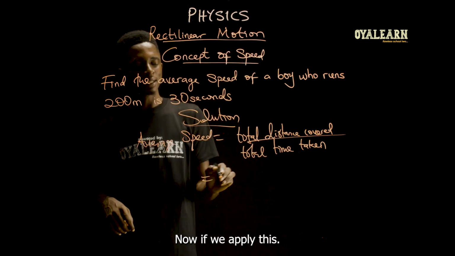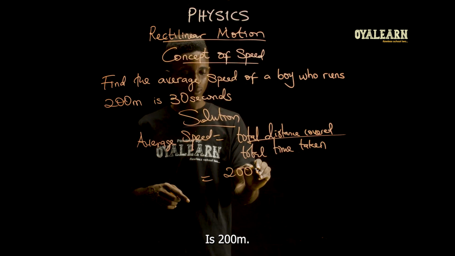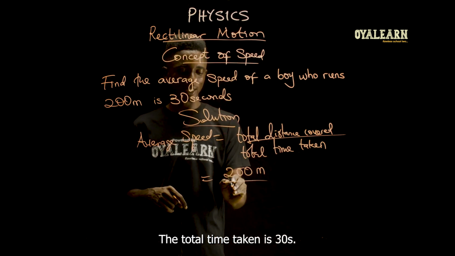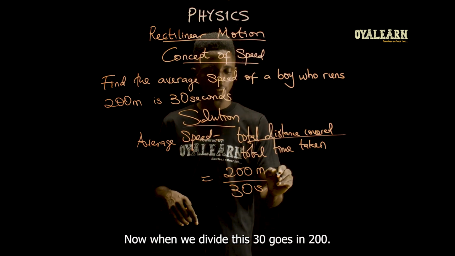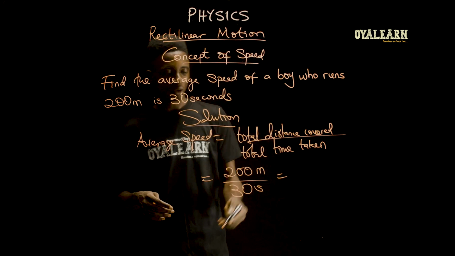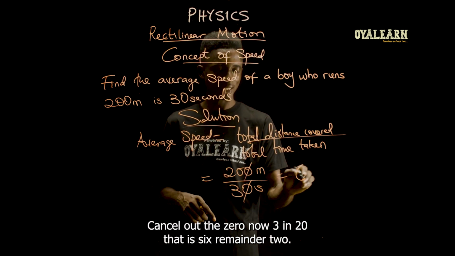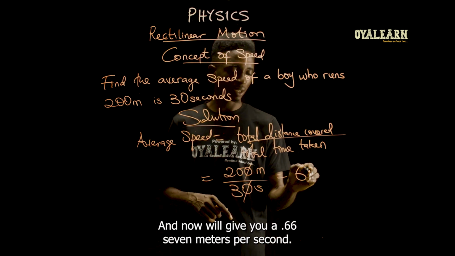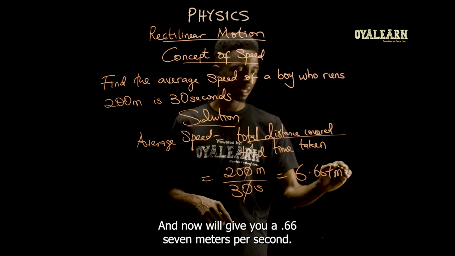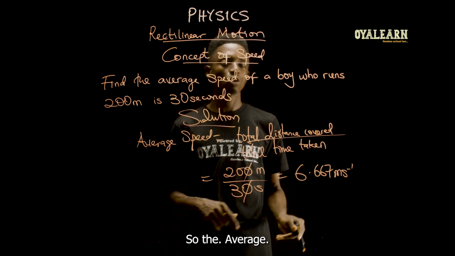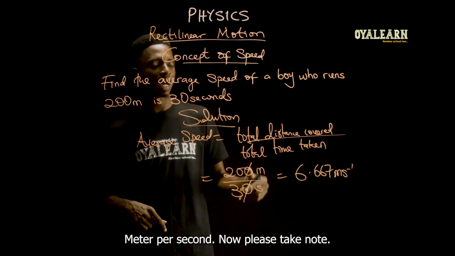If we apply this, the total distance is 200 meters, the total time taken is 30 seconds. Now, when we divide this, 30 goes in 200, we can cancel out the 0 here. Now, 3 in 20 is 6, remainder 2, so 2 over 3, and that will give you 0.667 meter per second. So the average speed of the boy is 6.667 meters per second.